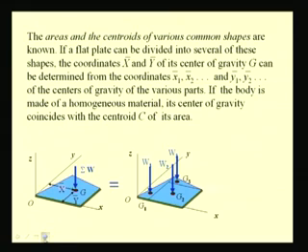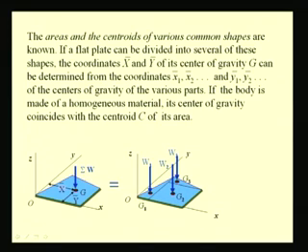So, let us see this example. We have this shape, a complex shape, and we are interested in finding the location of its centroid or mass center, that is these quantities x bar and capital Y bar.